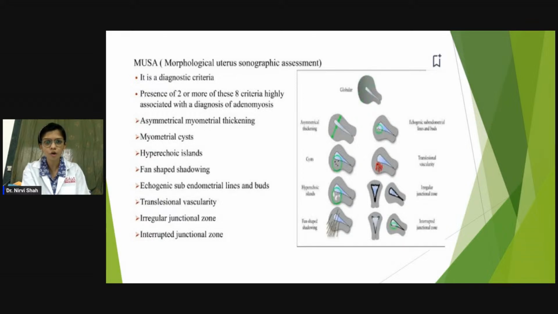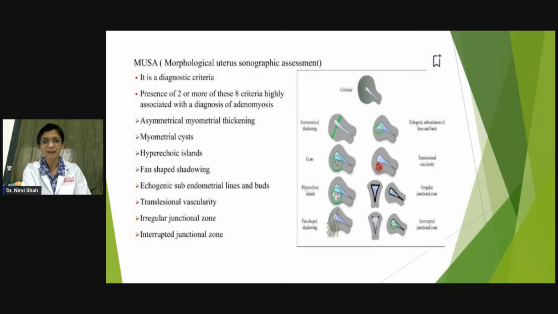If you can see here, there is asymmetric myometrial thickening where the posterior wall has more bulkiness. So if there's any globular or asymmetrical myometrial thickening, that is one of the signs. Okay. Then there are myometrial cysts. There are hyperechoic islands. Then there's fan-shaped shadowing, irregular endomyometrial junction and linear striae.